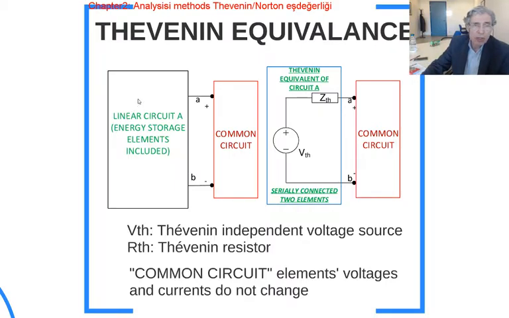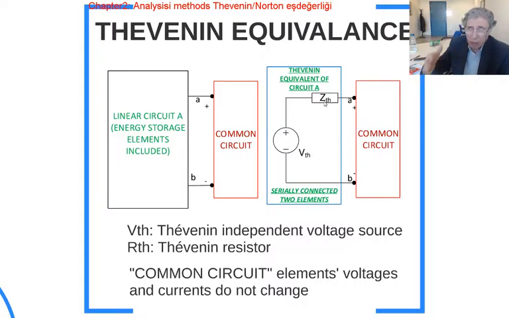case, we are saying this green colored circuit, a linear circuit which has linear elements in it, how many elements we have is not important. The Thevenin equivalent of it is just two elements connected in series. One of them is the Thevenin voltage, the other one is the Thevenin impedance.